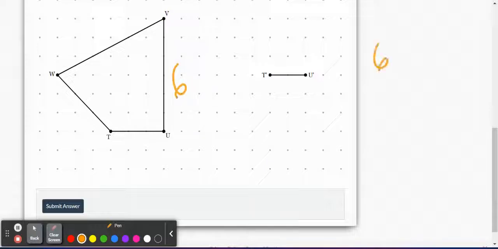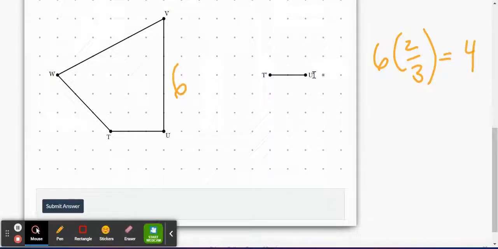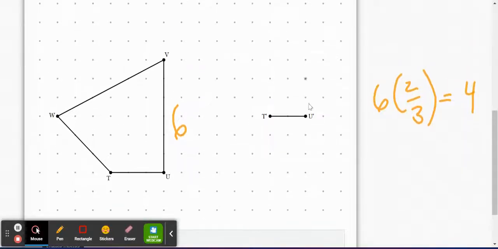Now, 6 times the scale factor of 2/3 is 6 times 2 is 12, divided by 3 is 4. So that means this side should just only be 4. 1, 2, 3, 4. Bam.